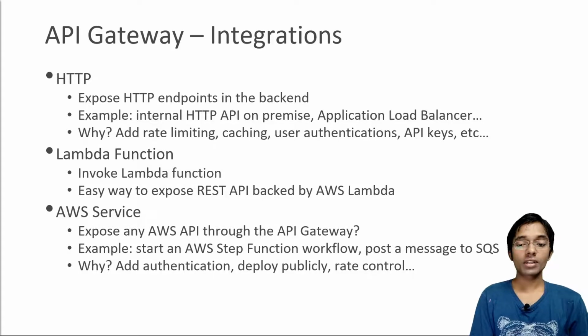This is something that's very prominent in the DevOps exam and still comes up in the Solutions Architect Professional exam also, which is that you can expose a service-specific API through the API Gateway. So it's any API.